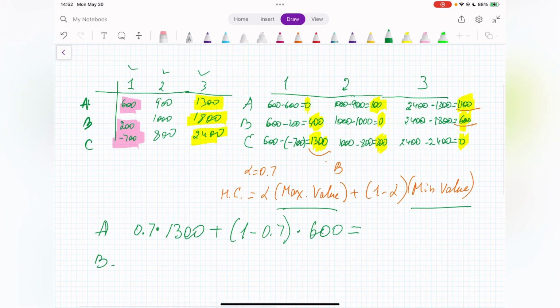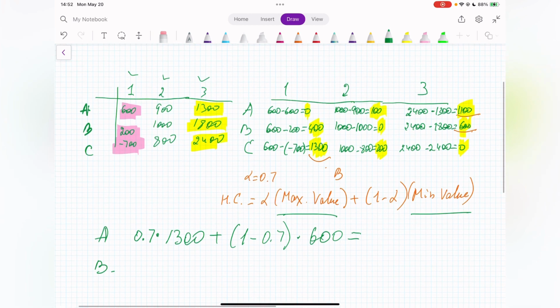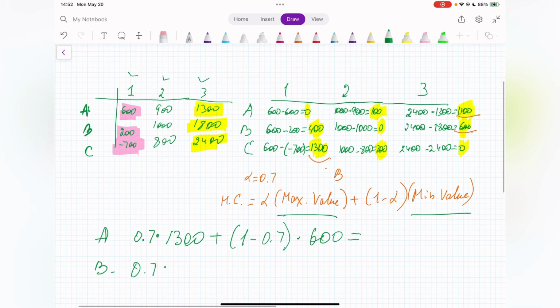Alternative B, so 0.7 times the maximum, 1800, plus 1 minus 0.7 times the minimum, 200.